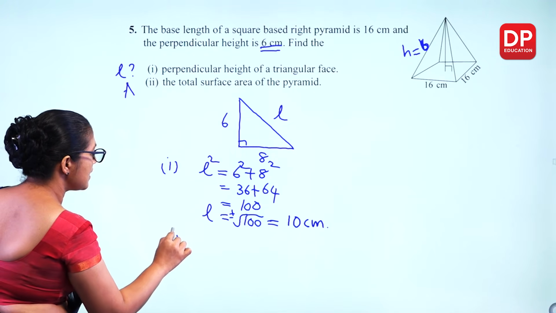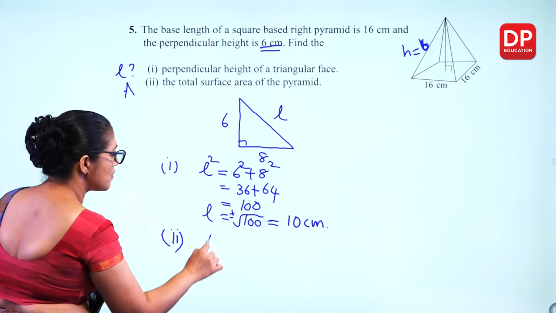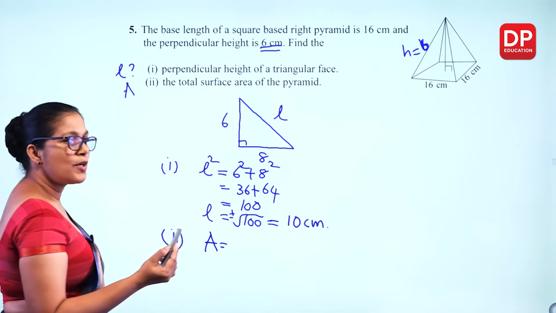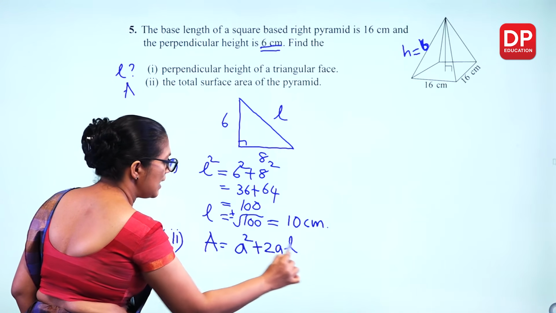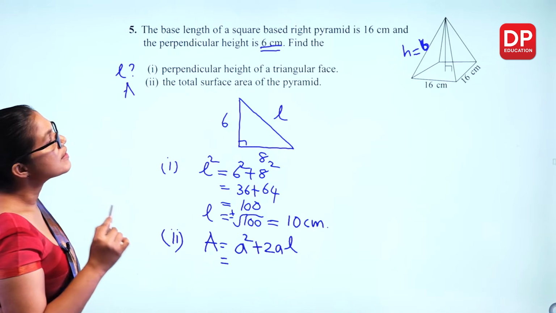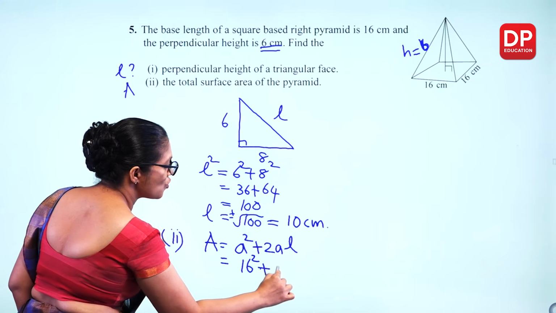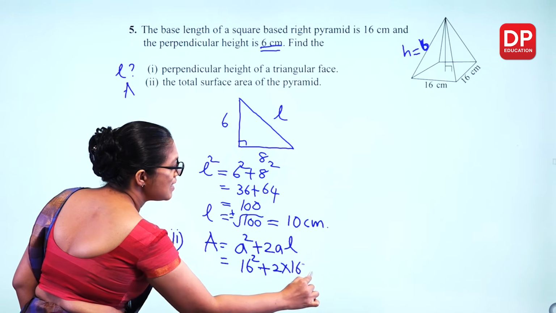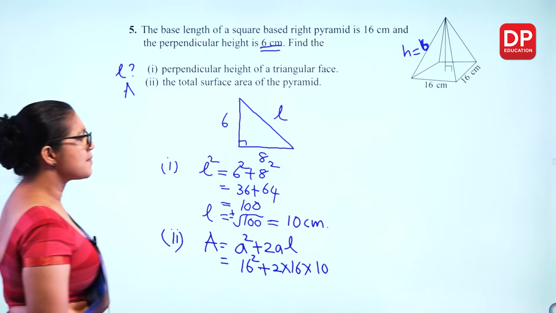Now, what's the next part? The total surface area of the pyramid. So that's A. What's the formula? A squared plus 2AL. So A squared, what's the length? 16. 16 times 16 plus 2 times 16 times 10. Now what is 16 times 16?